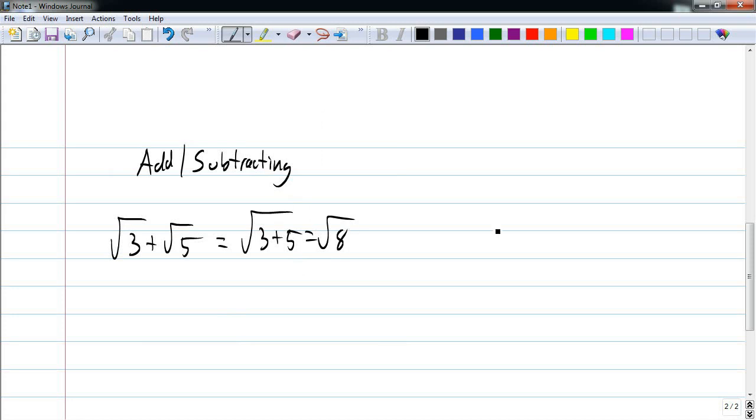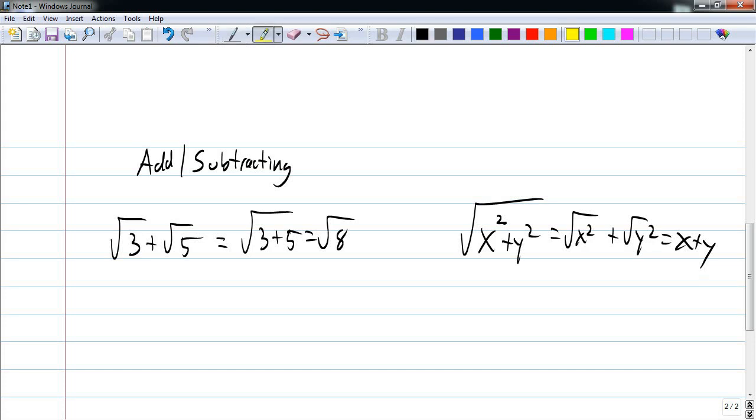Or even worse, they do that in reverse and go, oh, I can just write this as x squared and y squared, so this is x plus y. Okay, this never works. If you want to check why, put this in your calculator and then put in this and see how they are not the same.